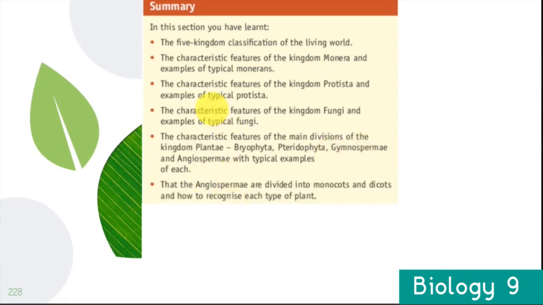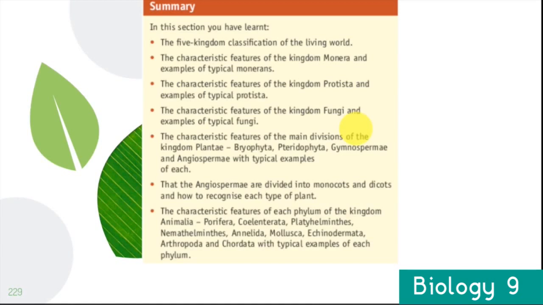Then further division of angiosperms is that they're divided into monocots and also dicots, and you need to be able to recognize each different type of those and characteristics of each of those really interesting types of animals that we went through. I'm not going to go through each one here, but remember we talked about different examples of each of those and why they are categorized in that group.